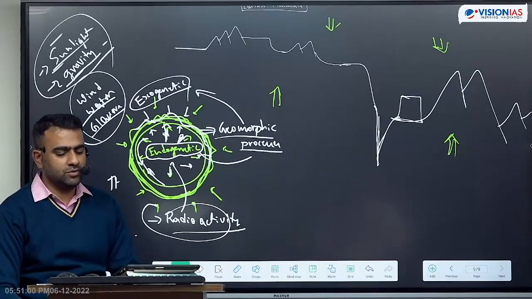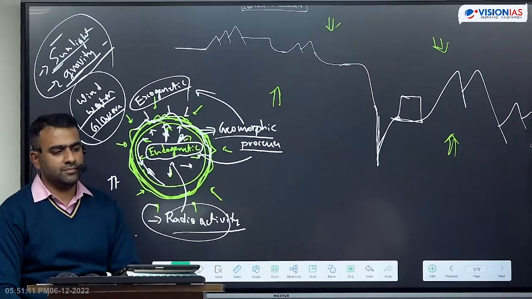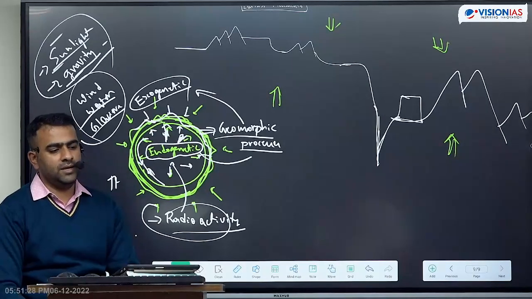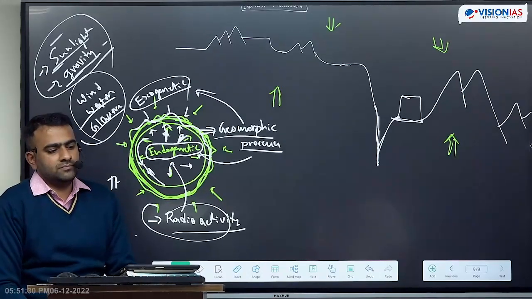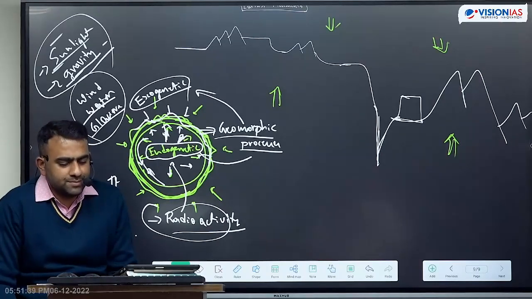Next paragraph. Geomorphic processes result from two types of forces: endogenetic and exogenetic. Next subheading, endogenetic forces.